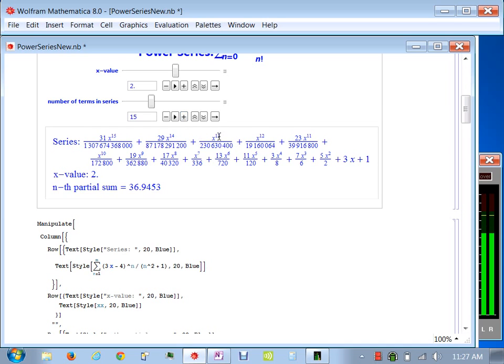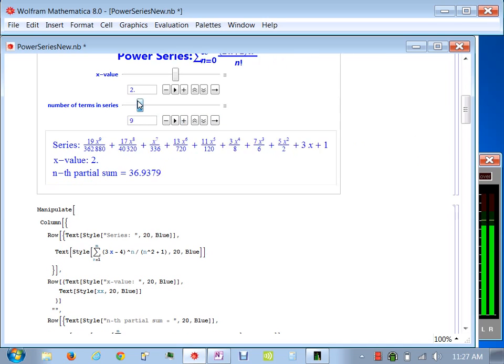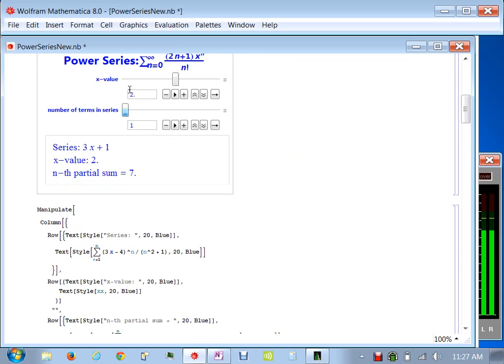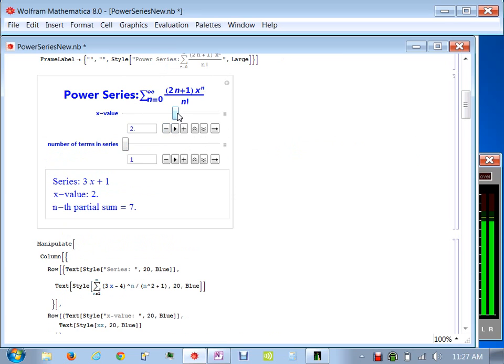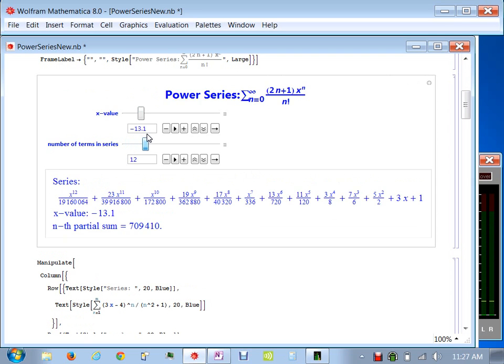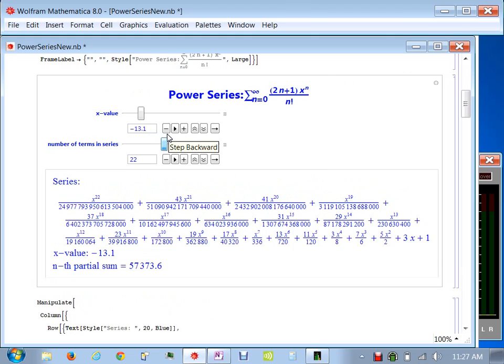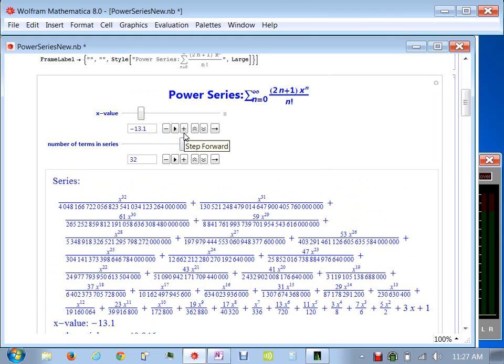Now, if I change my x, will I still get convergence? Because I said if I plug 2 in, right? What if I change my x? Should I still get convergence? Okay, so let me change my x. I'm going to make it a negative number. Now, if I drag this out, watch what happens to my nth partial sum.